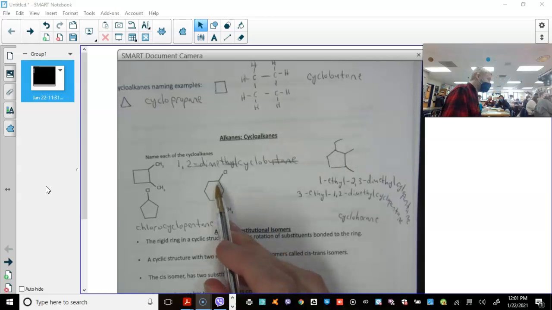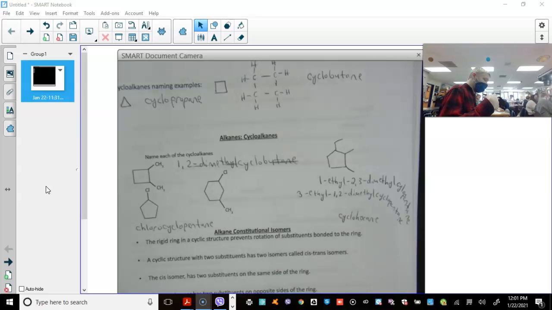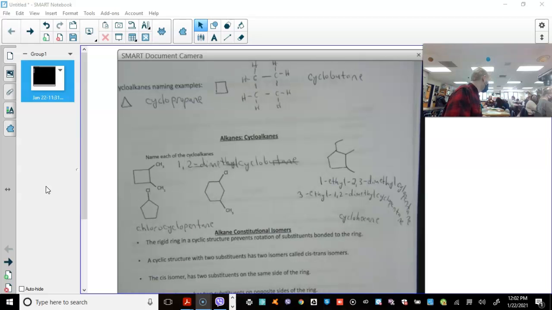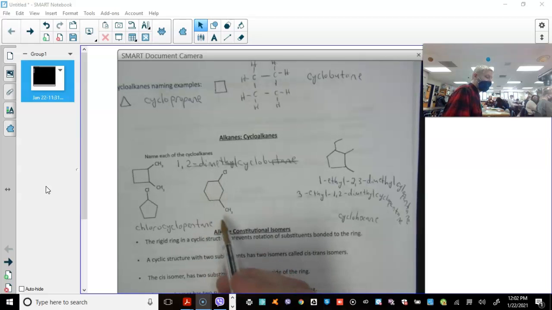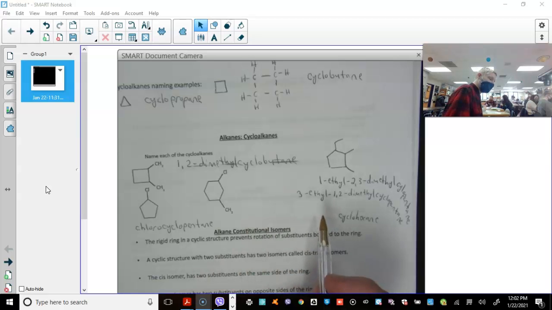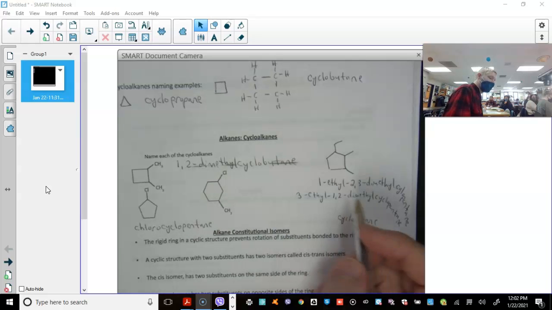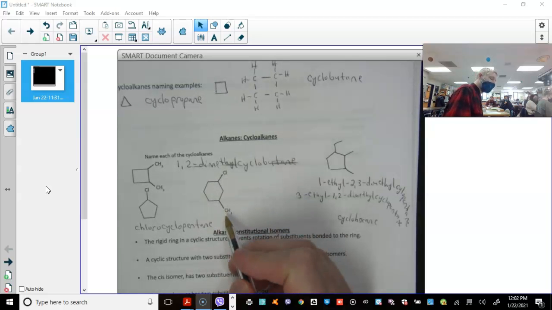This is where that organic euchre game comes in, because we've got different functional groups that have different power. In this case, halogen is going to be worth more than a methyl group. In terms of naming, it's still alphabetical order, so we've got chloro and methyl.